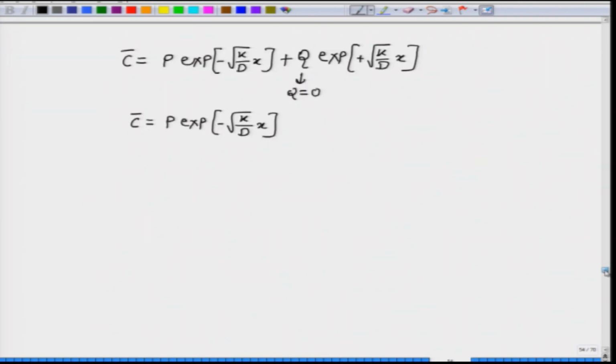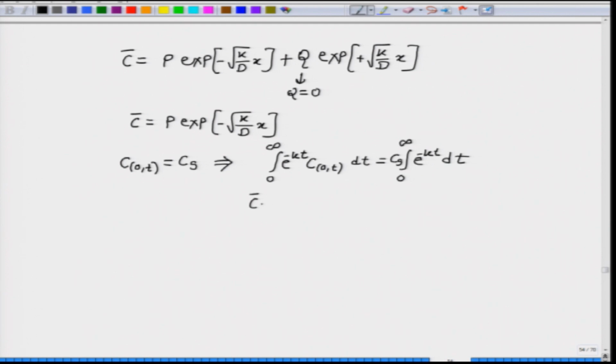Now, to get the value of constant p, let us use the boundary condition, which is C at x equal to 0 at any time t is C s, right. And if we take the Laplace transform again on both sides, integral 0 to infinity e to power minus k t C of 0 t dt equal to integral 0 to infinity C s is constant e to power minus k t dt.